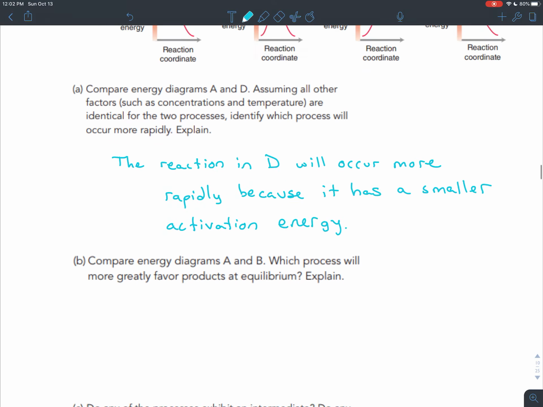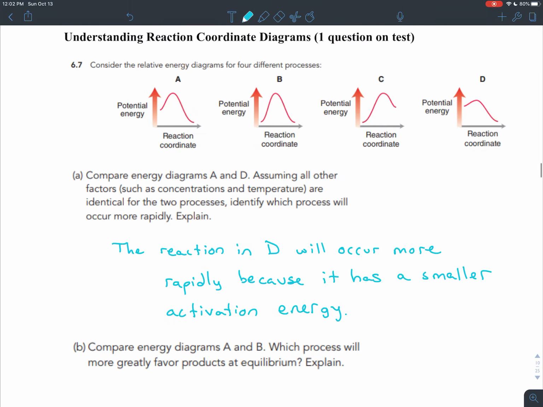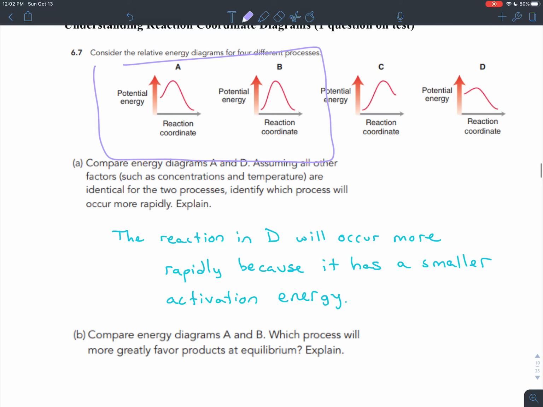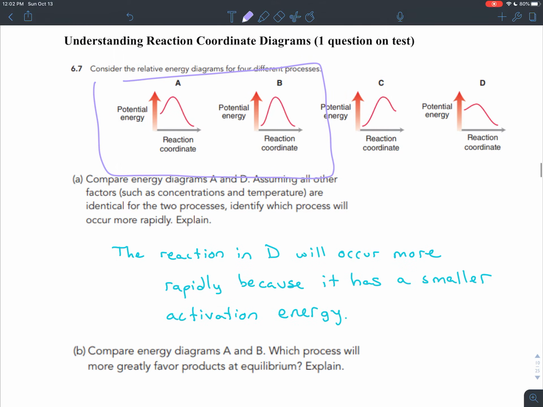Okay, B. It says compare energy diagrams A and B. It says which process will greatly favor products at equilibrium? Well, let's look at what's more stable. In A, the reactants have a lot of energy and the products don't. Because of that, the products, lower in energy, are more stable.